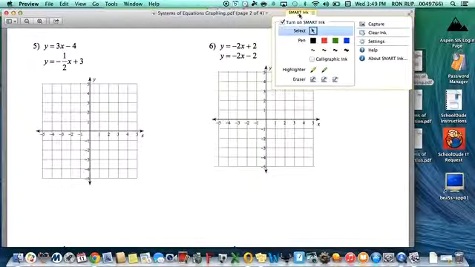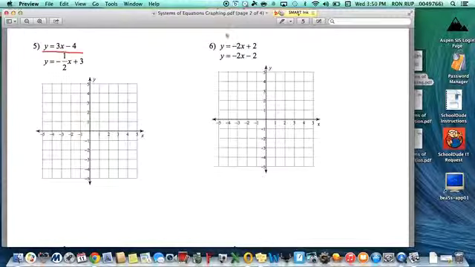So here we go. We're going to graph the first line, y equals 3x minus 4. We start with the y-intercept, and then we know our slope is 3. That as a fraction is 3 over 1.